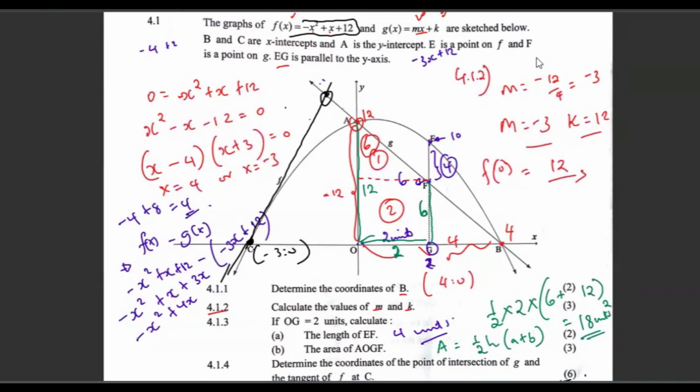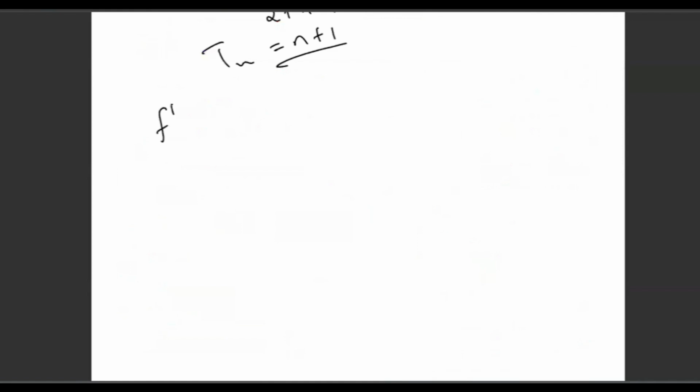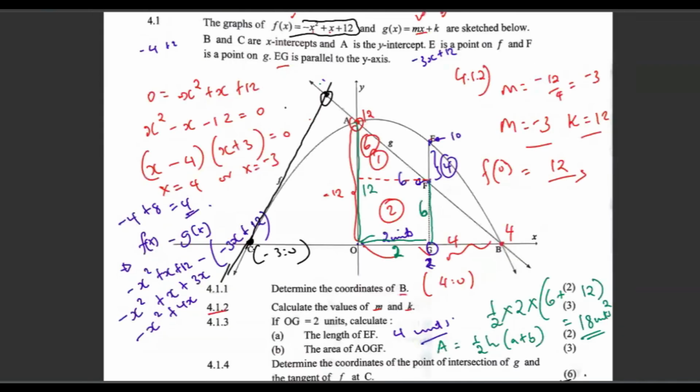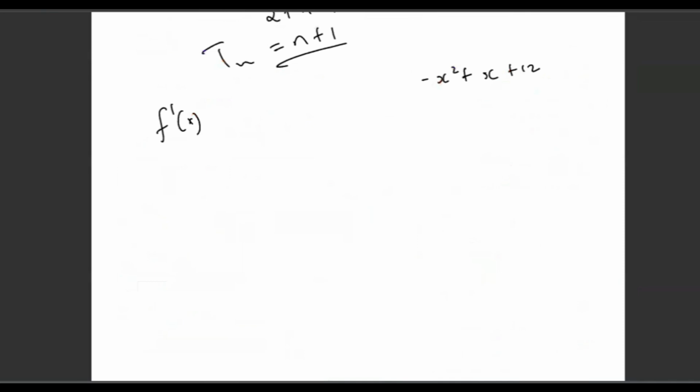So f prime of x, remember it was -x squared plus x plus 12, is going to be just -2x plus 1. Then f prime of -3 is -2 times -3 plus 1. This gives us a 7. So the gradient is 7.